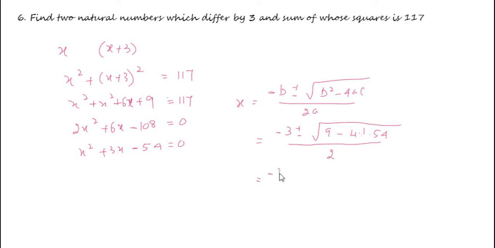This is minus 3 plus or minus square root of 9 plus 216, that is 225, square root of that is 15, divided by 2.